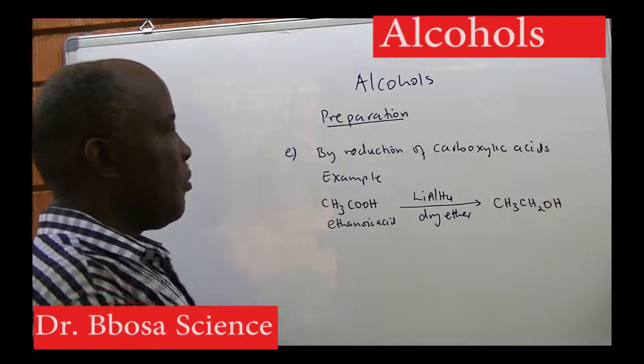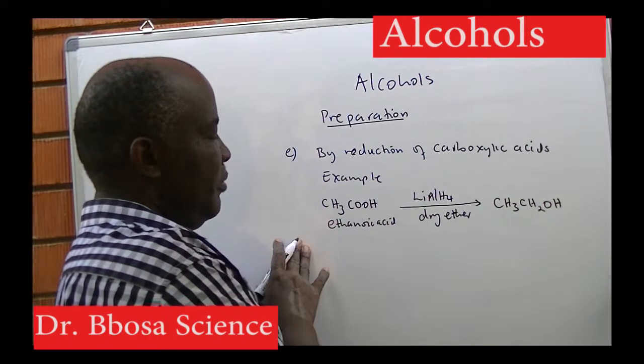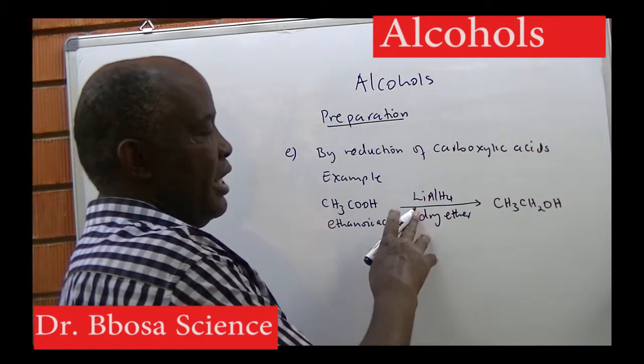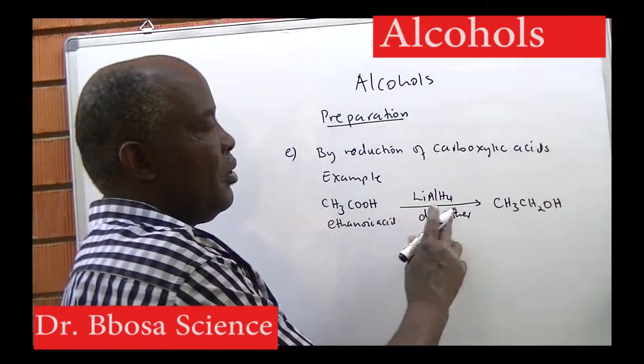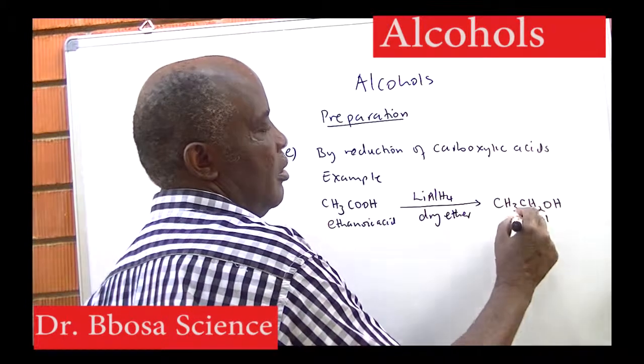E. Reduction of carboxylic acids. For example, ethanoic acid is reduced by lithium aluminum hydride to ethanol.